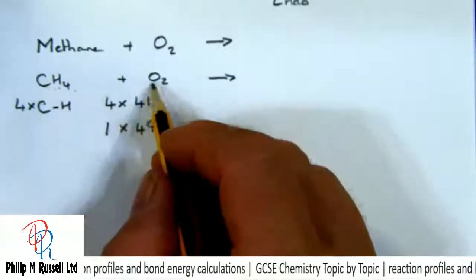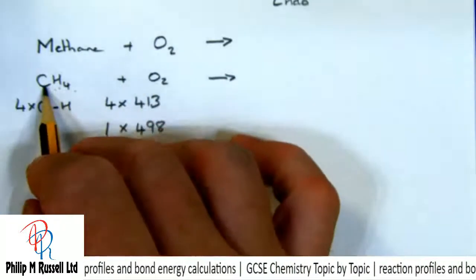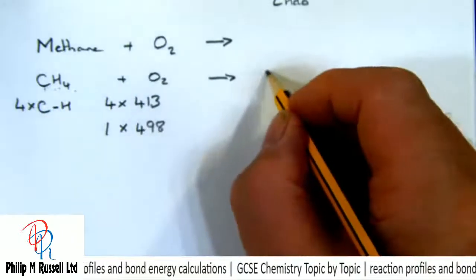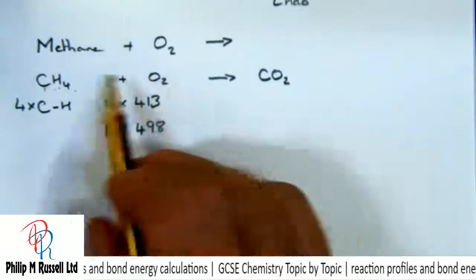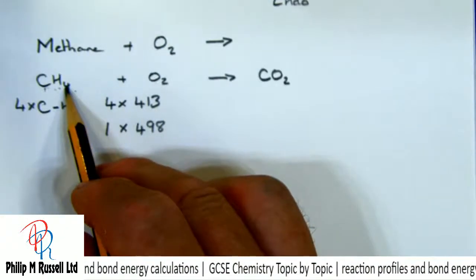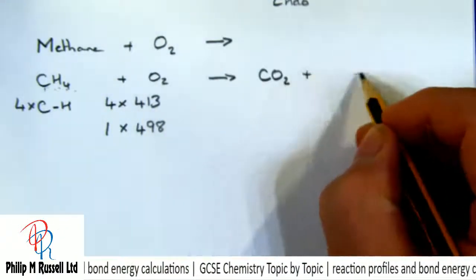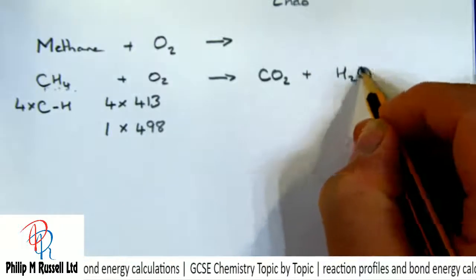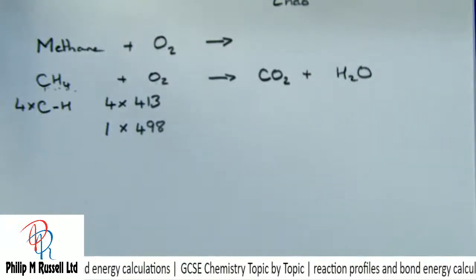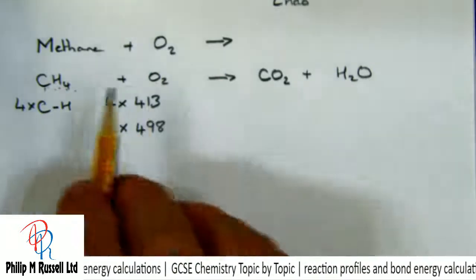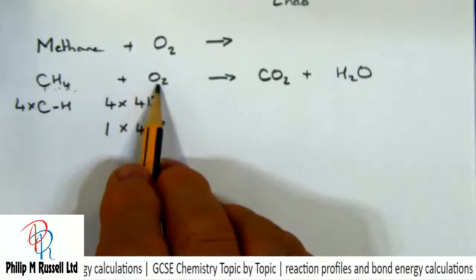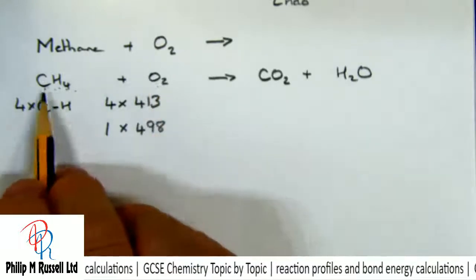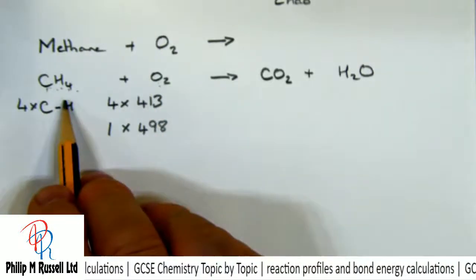Well, I'm going to get the oxygen reacting with the carbon, this is going to form carbon dioxide, and I'm going to get my oxygen reacting with my hydrogen, forming water. For each methane molecule, we're only going to require one oxygen molecule, because that's going to make CO2.